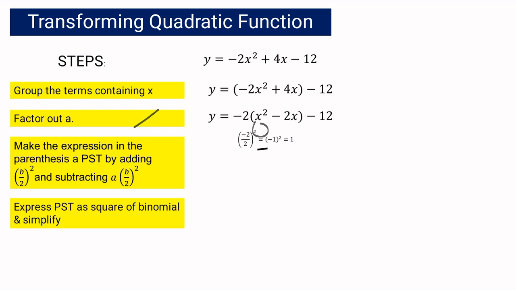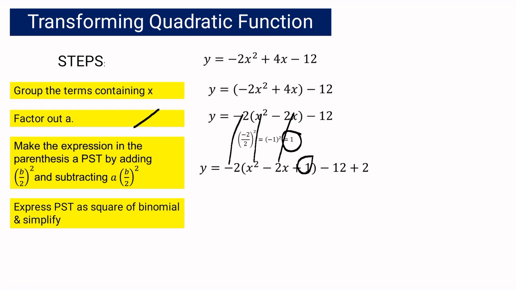Negative 2 divided by 2 is negative 1 and negative 1 squared is 1. That's why we are going to add 1 here. That's why we will be having, you copy negative 2, then you have x squared minus 2x, and then you added 1 here. Can you still follow?